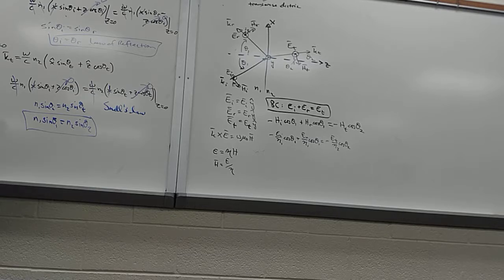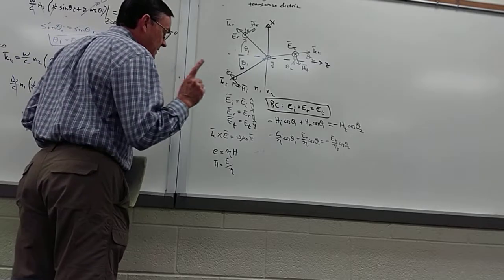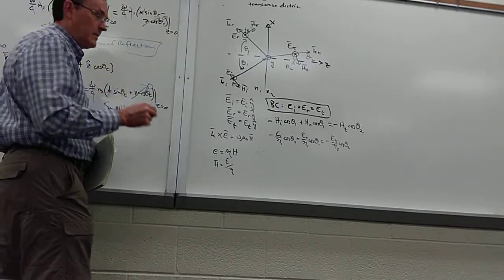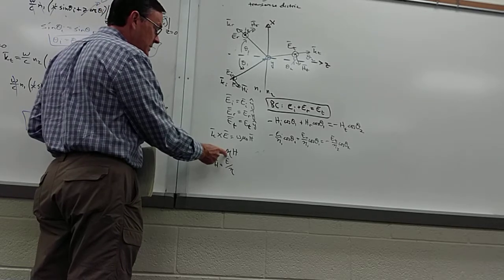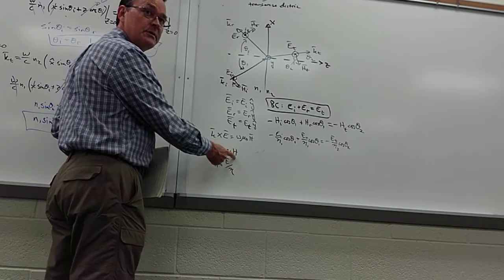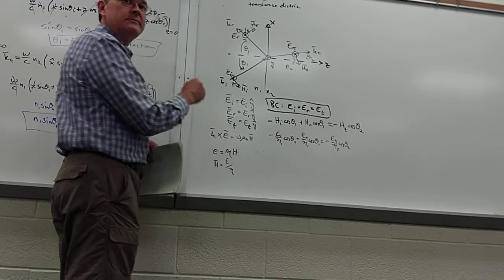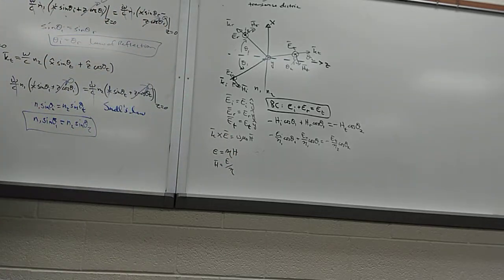Quick question. Should H be a vector there? No, so here's what I said. The magnitude of the electric field is equal to the impedance of the medium times the magnitude of the H field. So what do I mean by H there? Yeah, the magnitude of the magnetic field.